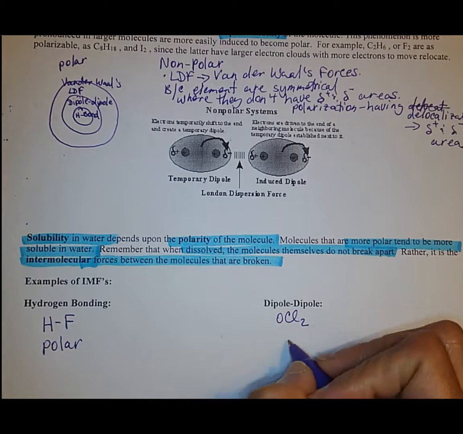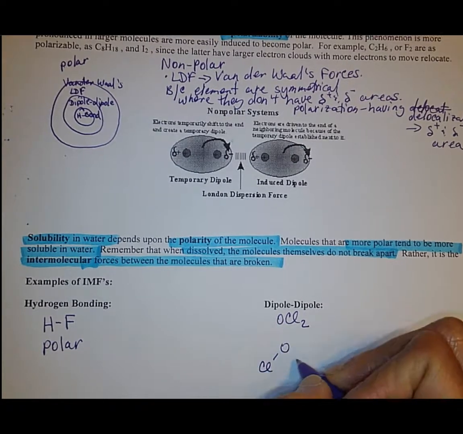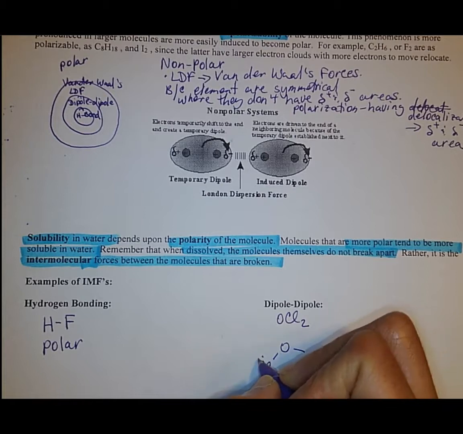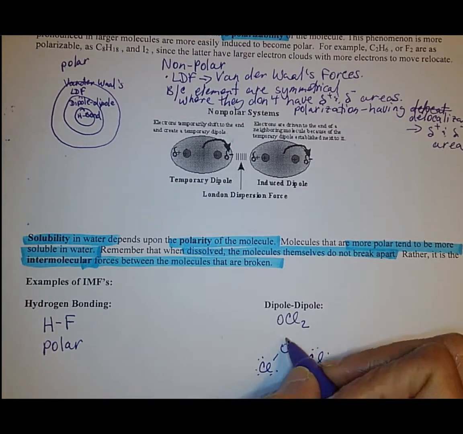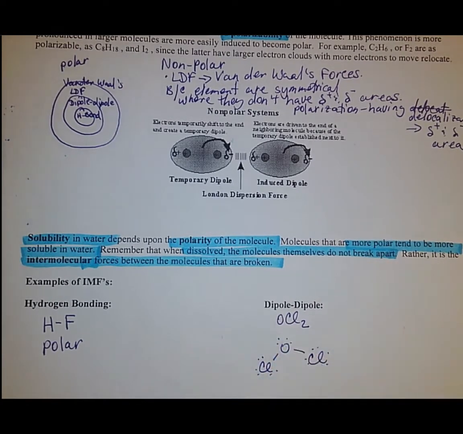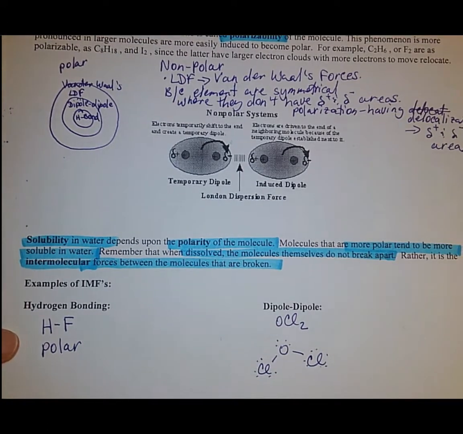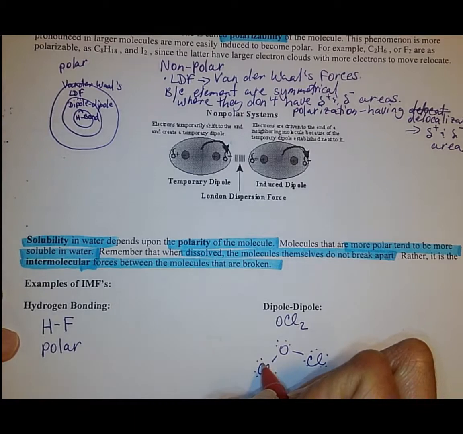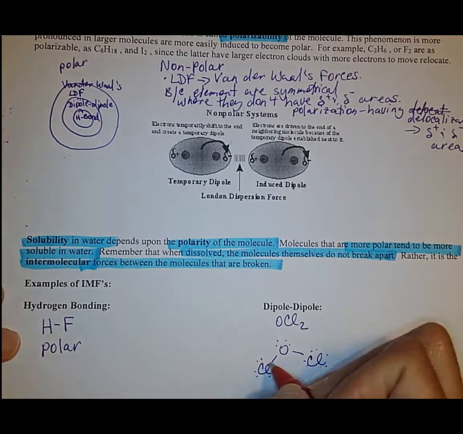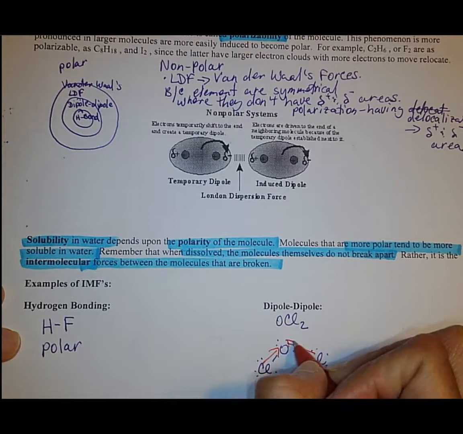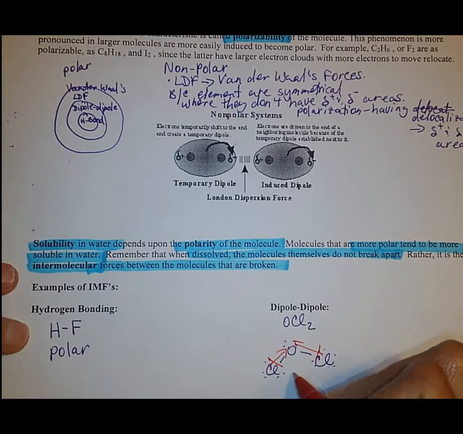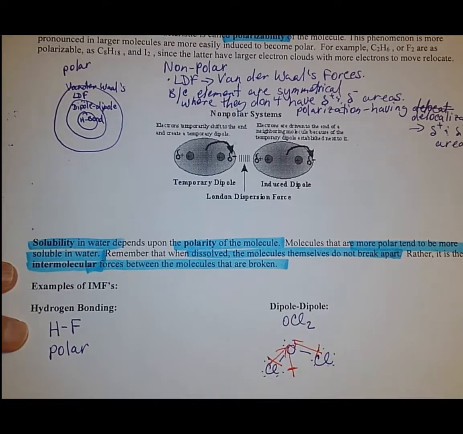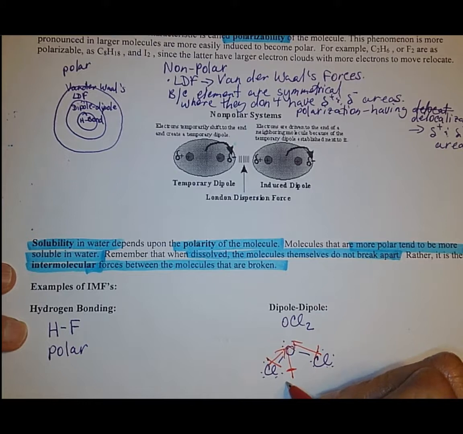You have oxygen in the middle, chlorine on both sides, and oxygen is more electronegative, so the electrons are pulled unevenly.